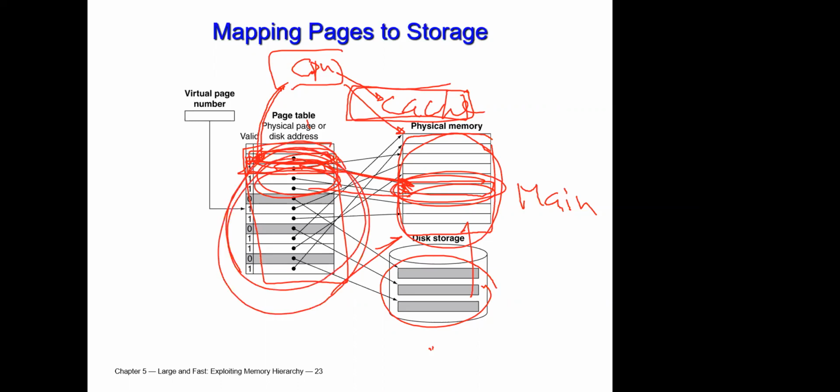So instead of having the whole page table inside my main memory, can I take the frequently used locations of that particular page table into my cache? I can do that. So I will create a cache here that will basically hold a shrunken version of this table, the frequently used data only in that table.